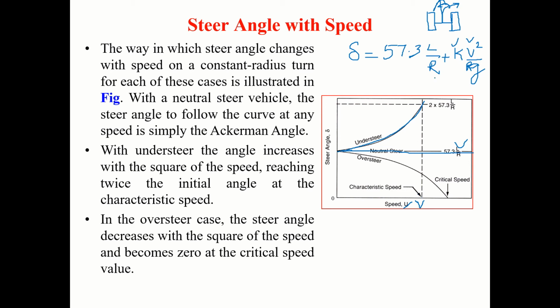In the other case, if K is negative, as the velocity increases, this value delta may become 0. You do not have to steer. That speed, we call it as critical speed. On its own, it will turn.